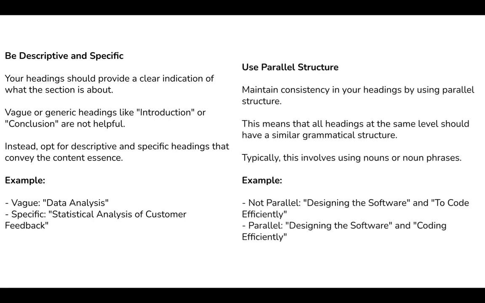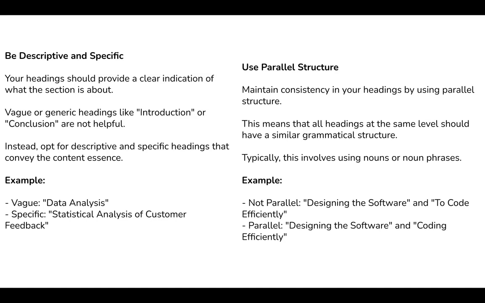Okay, right. So the next one is using parallel structure. Parallelism is something that will come up a lot in this class in other parts. In this case, using parallel structure helps you maintain consistency in your headings. This means that all headings at the same level should have a similar grammatical structure, and usually similar font sizing, font style and everything.